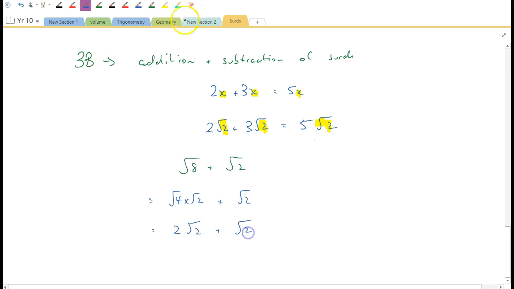Oh, hang on a sec, look at that. I do have like surds. 2 root 2 plus root 2 is 3 root 2. So I've simplified root 8 plus root 2 to that. If I have root 2 plus root 3, however, no, I can't simplify either. Not like surds, I can't simplify.